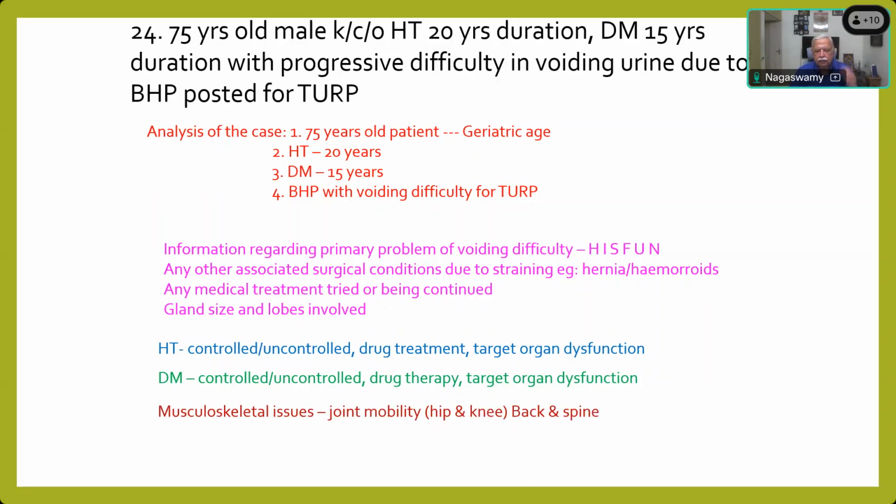And any musculoskeletal issues with the joint mobility, especially after this case scenario of hemiplegia. What can happen to the plegic leg? Even though he may have a normal gait and movement, what is the one problem that can happen in the hemiplegic recovered leg?